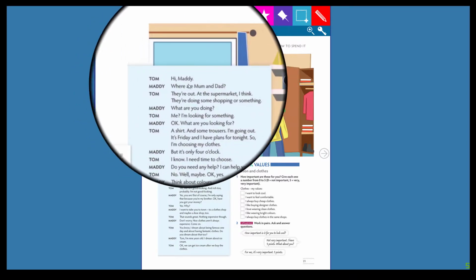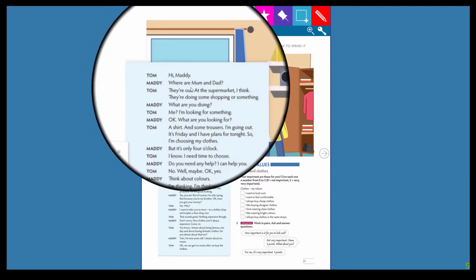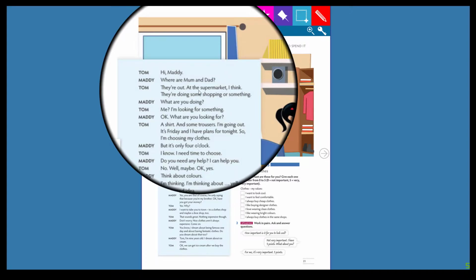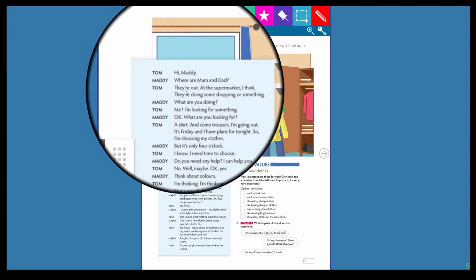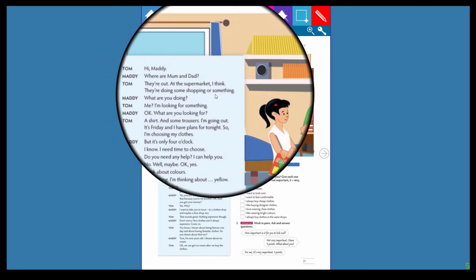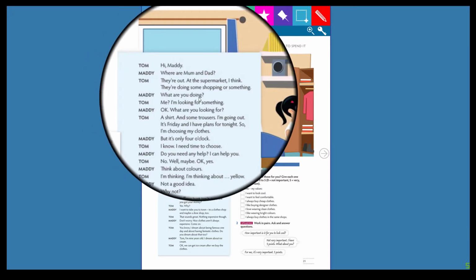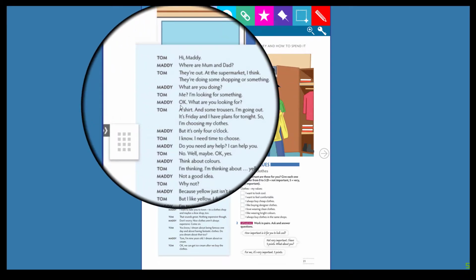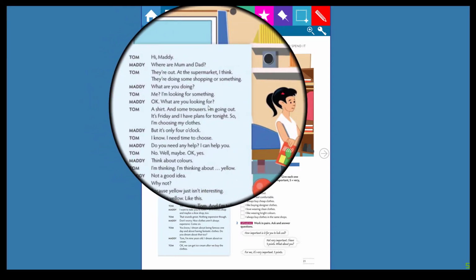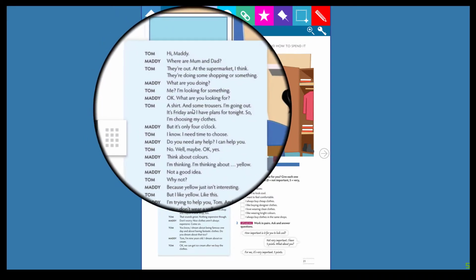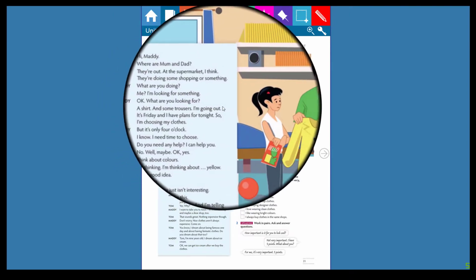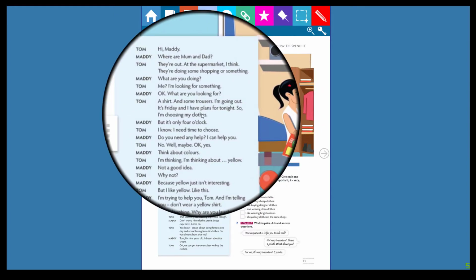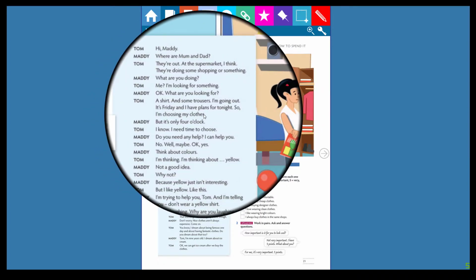Hi, Maddie. Maddie says, where are Mom and Dad? They're out at the supermarket, I think. They're doing some shopping or something. What are you doing? Me? I'm looking for something. Okay, what are you looking for? A shirt and some trousers. I'm going out. It's Friday and I have plans for tonight, so I'm choosing my clothes.